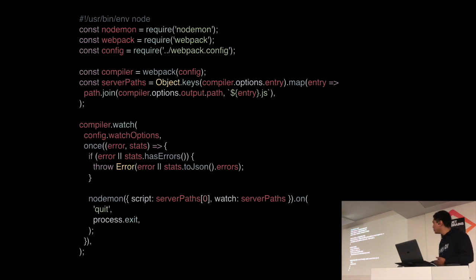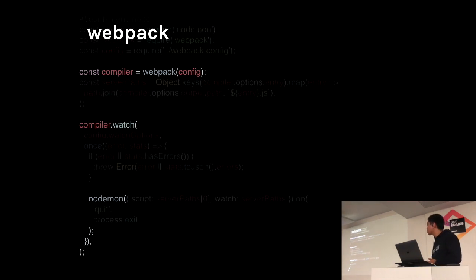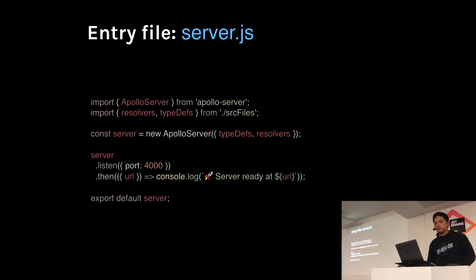You don't have to read everything, but if you just focus on these parts, you see that Graphpack is just running Webpack in watch mode, and Nodemon in the background. Webpack is responsible for compiling and running the watcher, and Nodemon is taking care of taking the new changes and restarting the server.